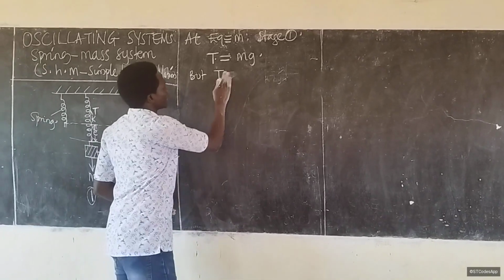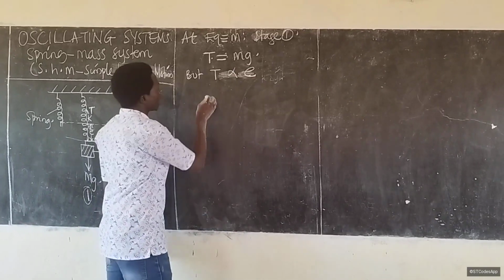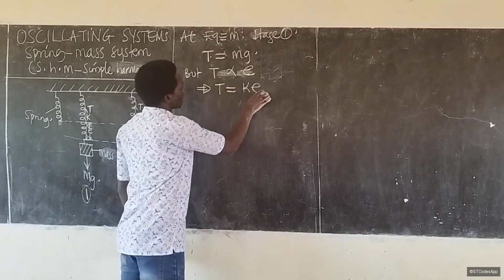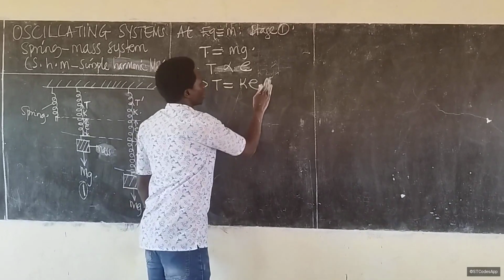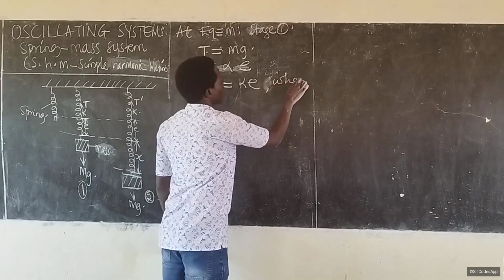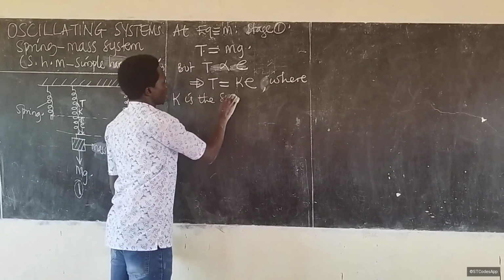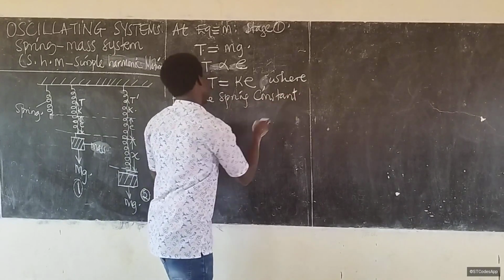Implying that tension T is equal to Ke, where K is the spring constant, the spring force constant.